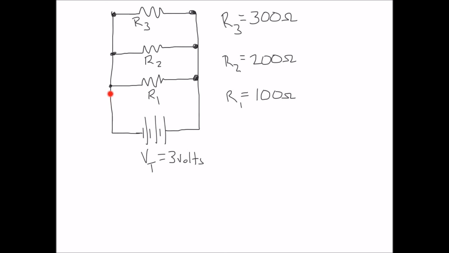So if I have, let's say, 1 amp coming in here, this might split off as half of an amp here and half of an amp here, or possibly 1 amp comes in and maybe we get 3/4 of an amp here and 1/4 of an amp there. But in the end, if we take a look at all of these resistors as they come back together here, they're going to total up to give us the total current for the entire circuit.